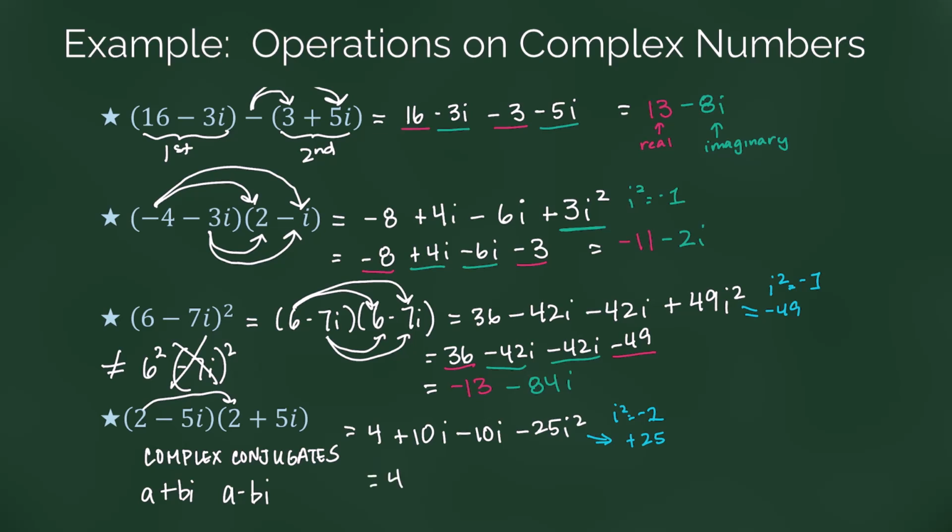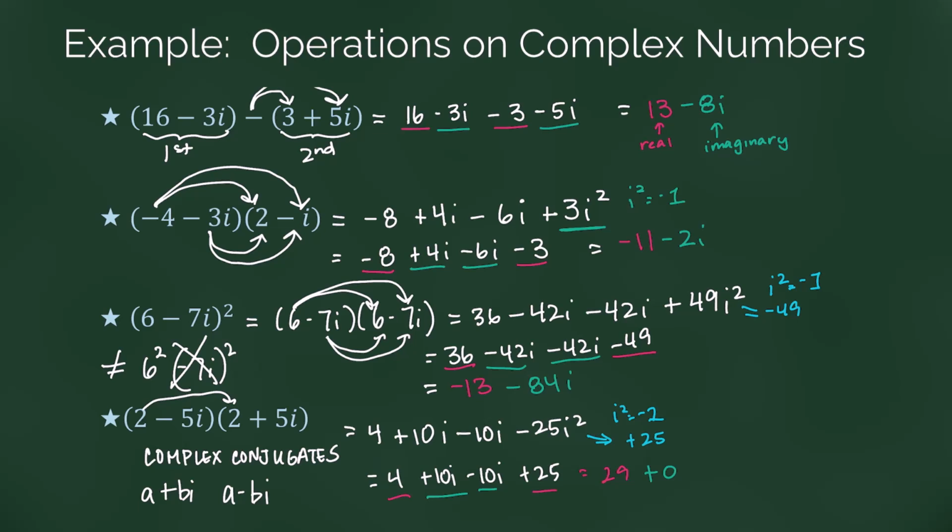So we get 4, then plus 10i, minus 10i, plus 25. If we combine our real parts, we get 29, and if we combine our imaginary parts, we get 0.